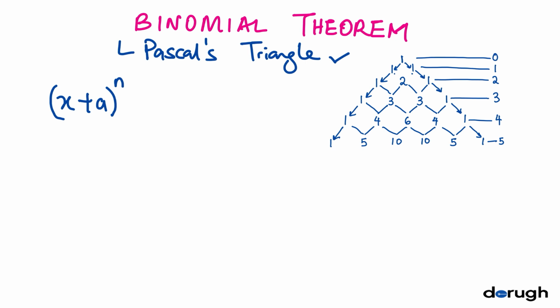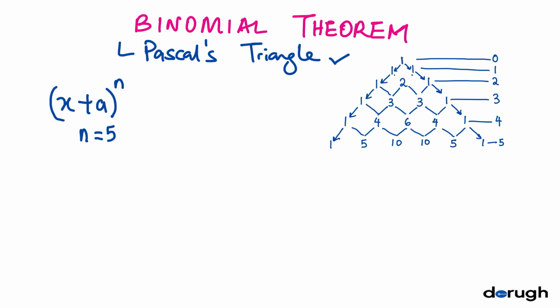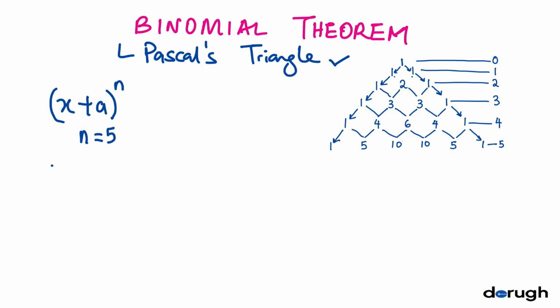So let's say again that n is 5, which means we have x plus a power 5, right? Remember, from Pascal's triangle, that would be level 5, which is what we have at the very bottom. Each of these numbers, 1, 5, 10, 10, 5, and 1, represent the coefficients.